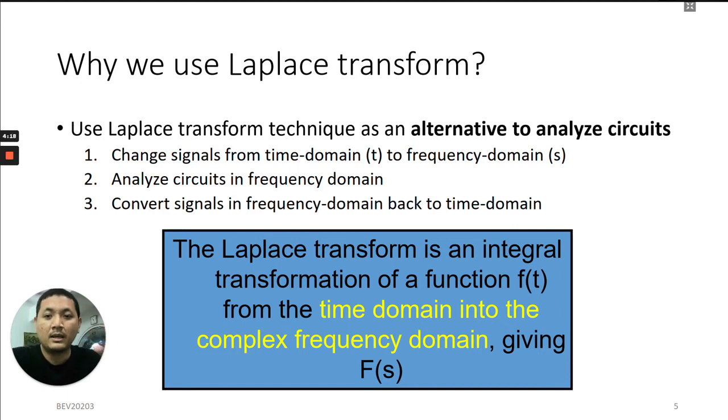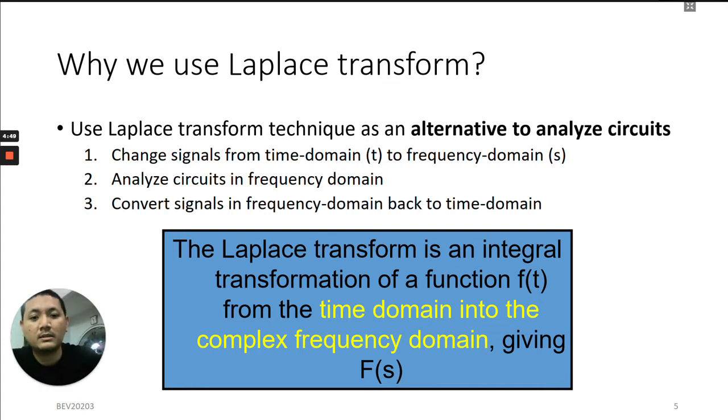Once we have solved it, we inverse the signals back into time domain. Initially we want the solution in time domain, however it is difficult to solve there. We transform it into frequency domain, solve it, and then inverse it back to time domain.